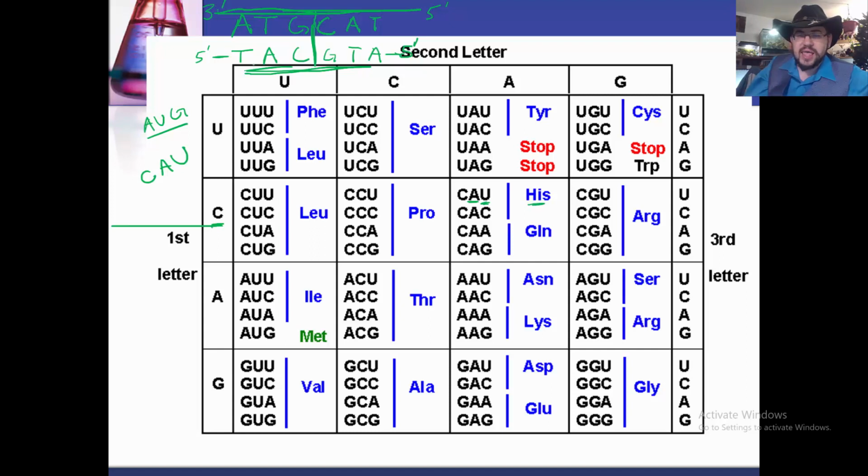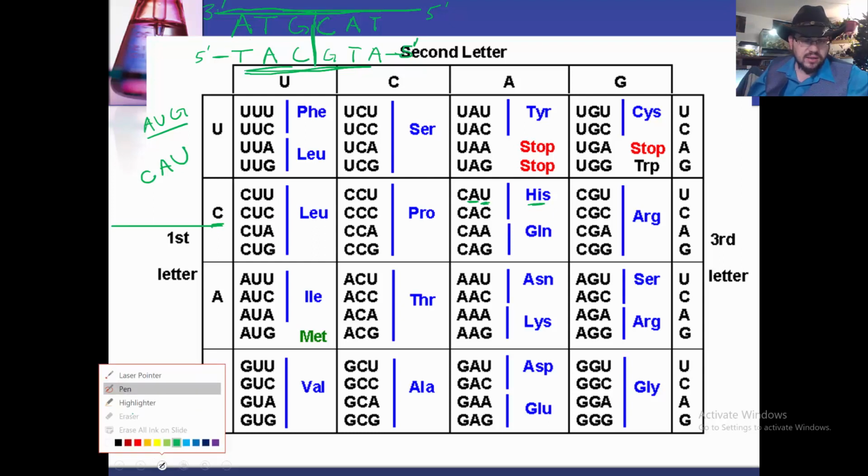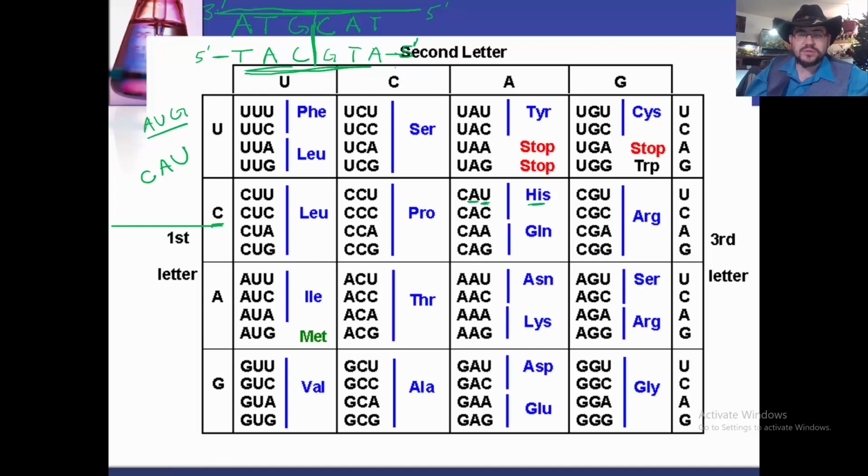Now, say we have a point mutation. Oh no! A mutation occurs. What could we possibly do? And we lose this A and T. We get a mutation, and instead of A and T, we get G and C. So now on our template, instead of an A, there's a G. So instead of CAU, we're going to have CAC.